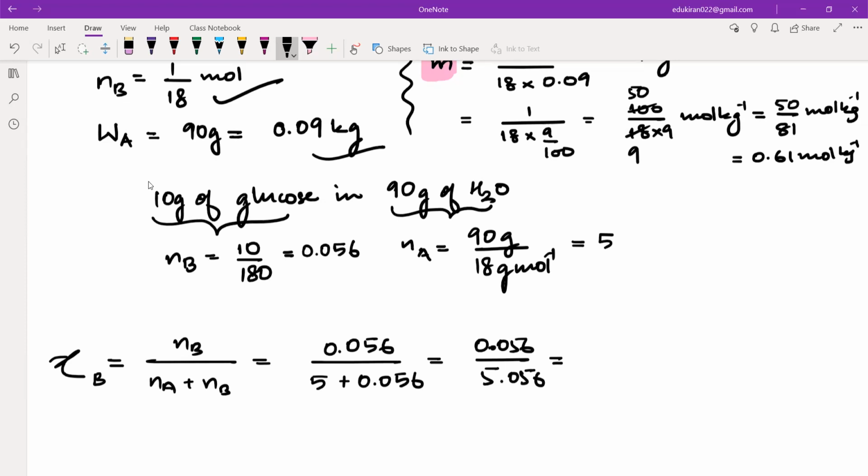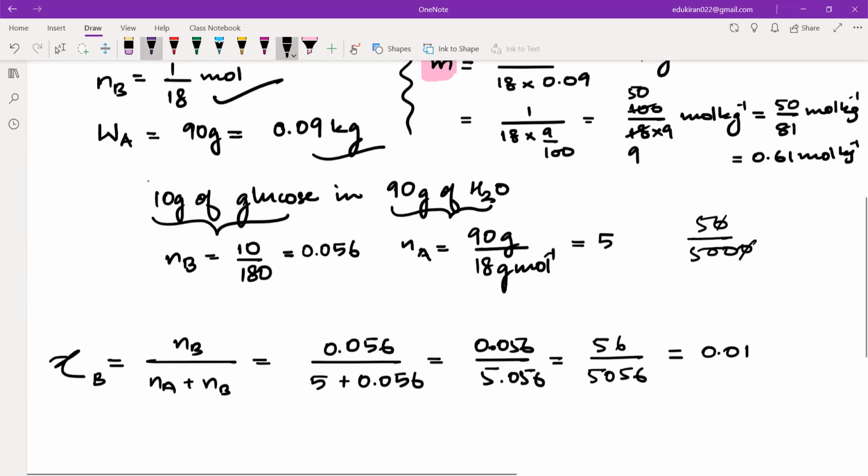So this is approximately equal to 56 upon 5056. So it is close to 50 upon 5000, right? This will be equal to 0.01, I think. Calculate it and tell me. I think it will be 0.01. Okay, this is 0.01.